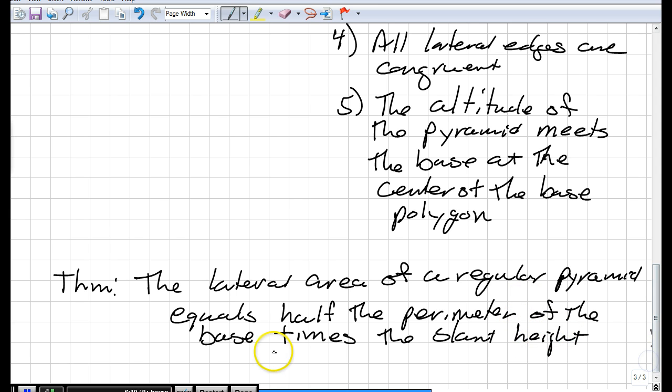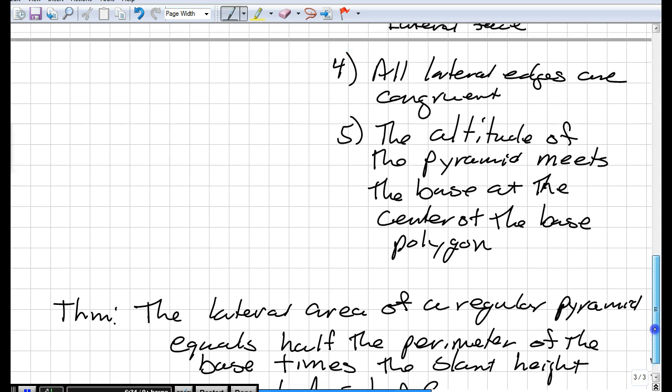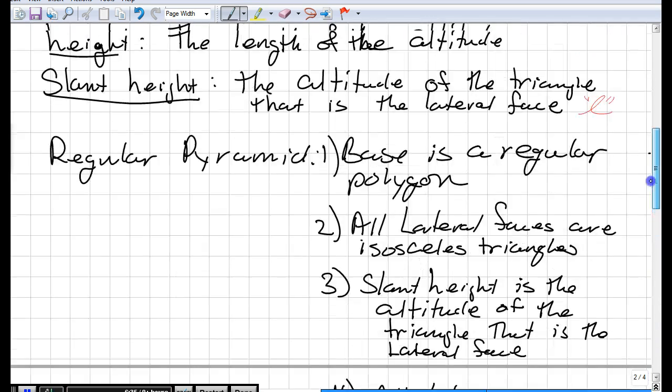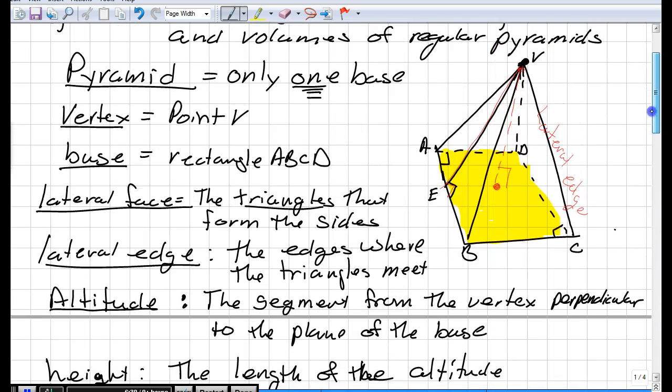So as a formula, LA, lateral area, is equal to 1/2 the perimeter times the slant height. And again, remember that we are looking at the triangles.